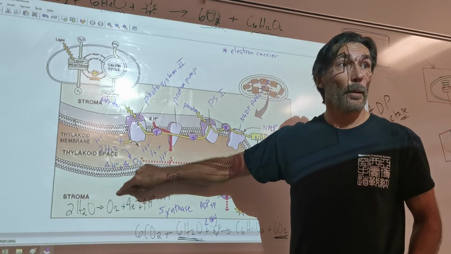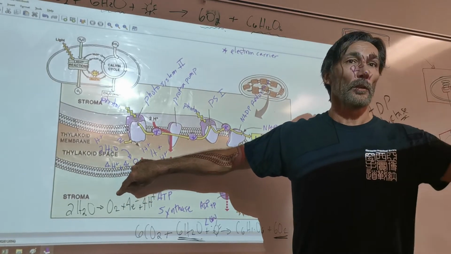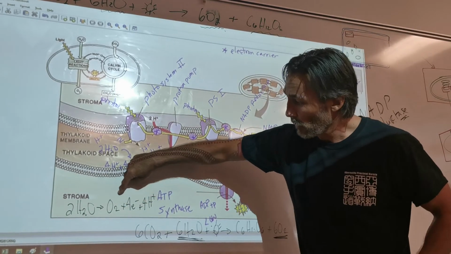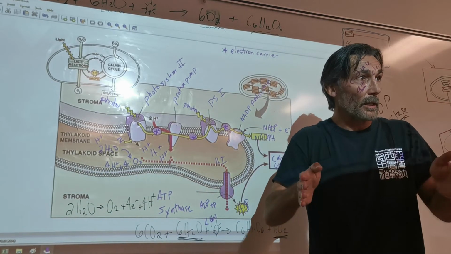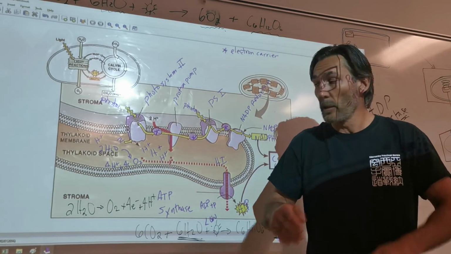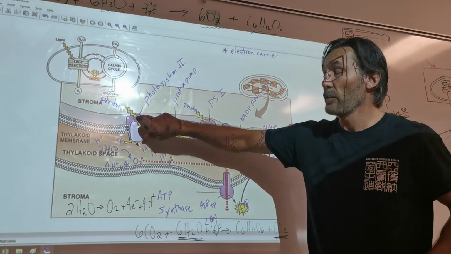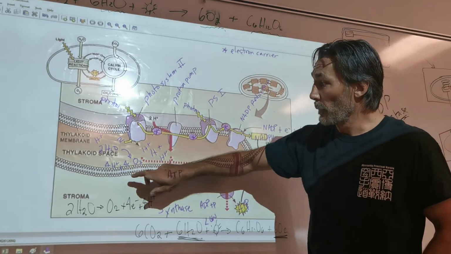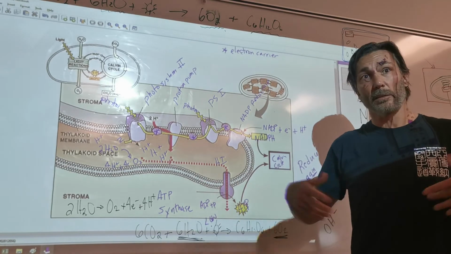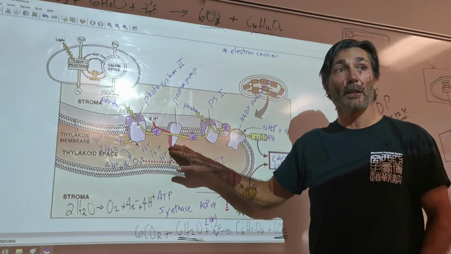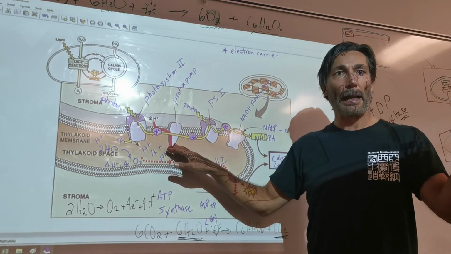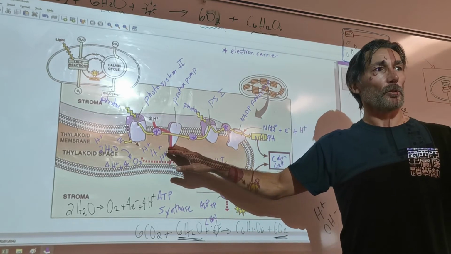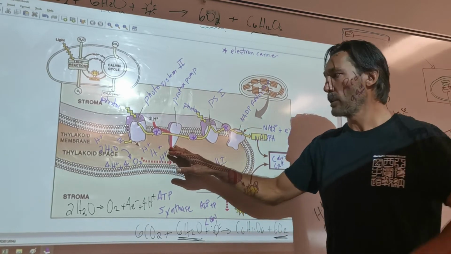They go on to form what's called molecular oxygen, O2, which you've heard before. The hydrogens, the protons and electrons, become disassociated from each other. The electrons are going to go into here, replace those lost. The protons are going to be dumped into the thylakoid lumen, thylakoid space, whatever, adding to the proton gradient, which we'll use in a minute.